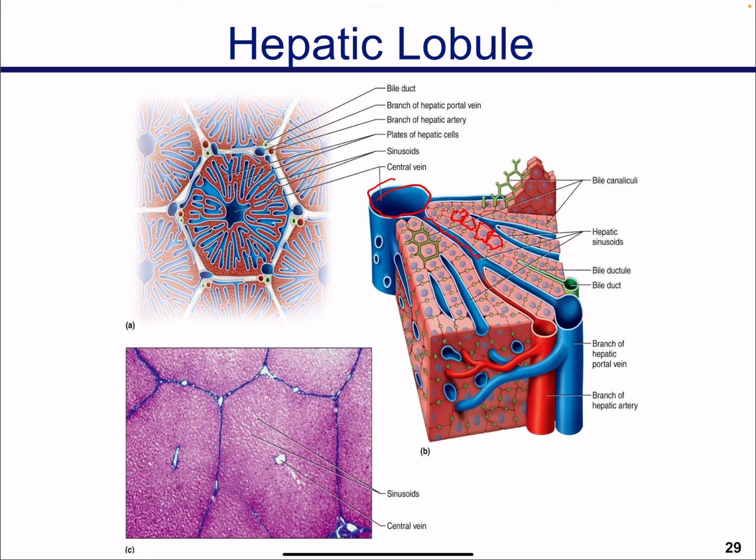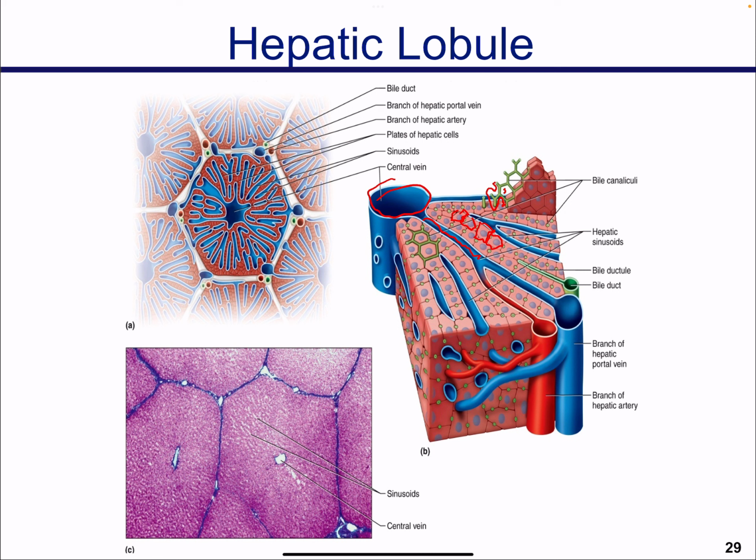And you can find these little channels right here, this network, green. This network, it's the little channels through which the bile salt that are synthesized by liver cells are going to be released.